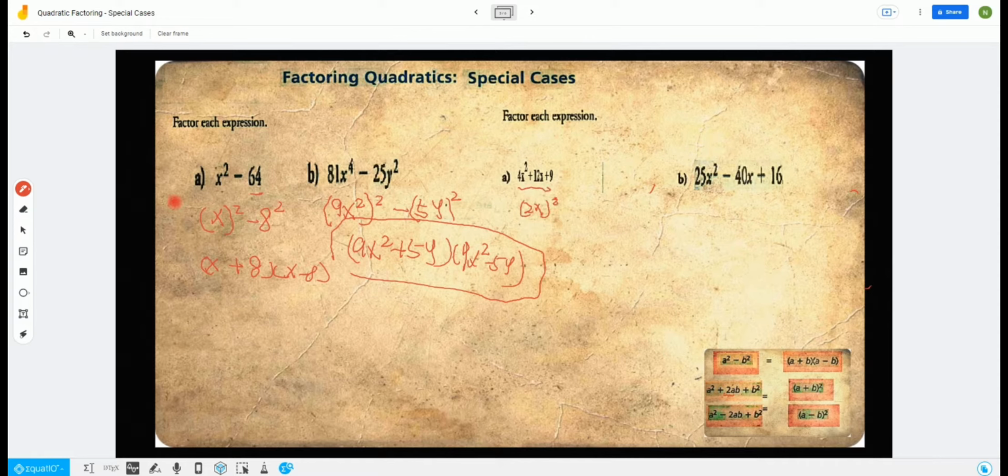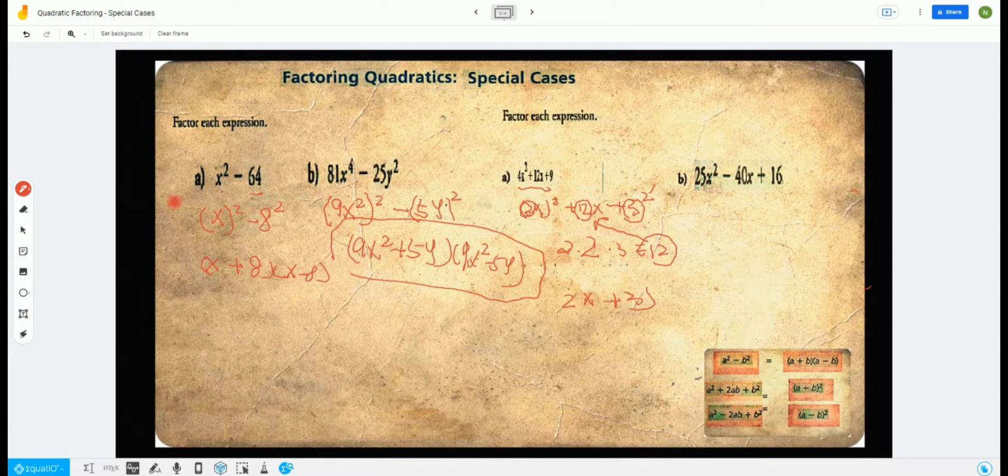For 2ab, we see 12 here: 2 times 2x times 3 equals 12x. So it's a perfect square, and we can write 2x plus 3 squared. This is the factored form.